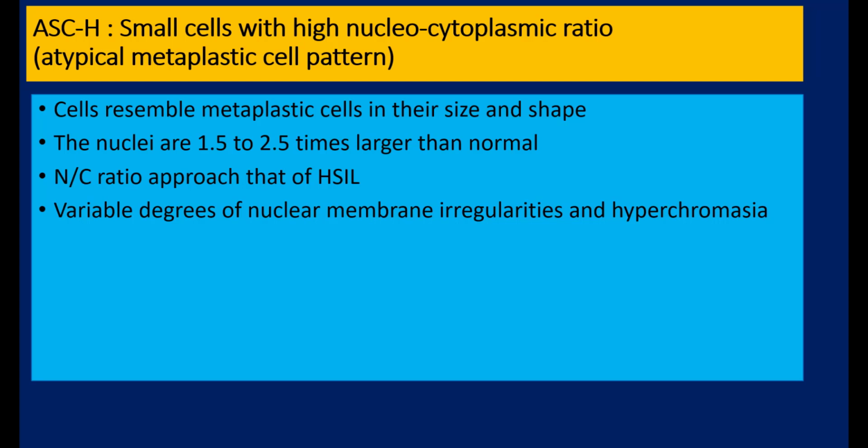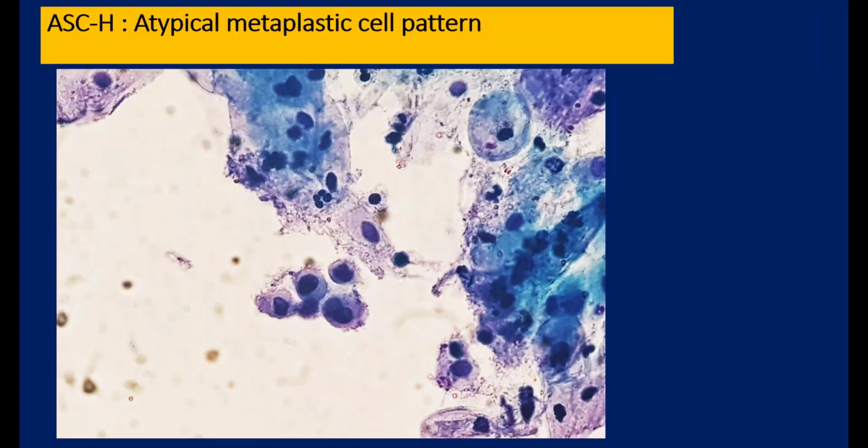There are variable degrees of nuclear membrane irregularities and hyperchromasia, and these irregularities would be a little bit lesser, and the hyperchromasia a little bit less, as compared to HSIL. So it just falls short of HSIL. A similar kind of issue we have seen when we try to analyze the differences between ASCUS and low-grade cells.